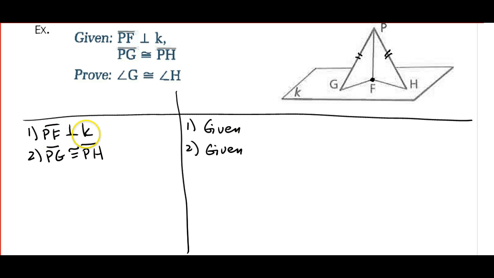So since PF is perpendicular to K, I know that PF is perpendicular to GF, and I know that PF is perpendicular to HF.